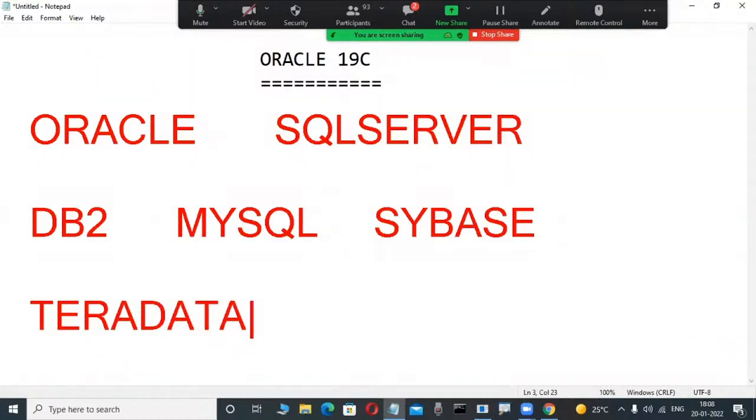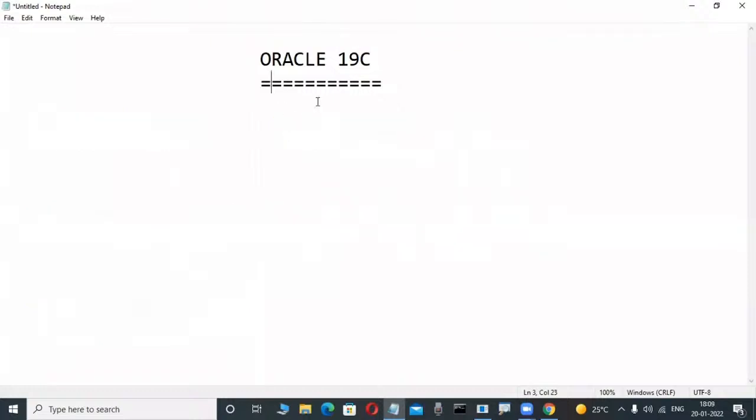Teradata is a database product from NCR Corporation. SQLite is a database product. Like this, so many database products are there from different companies. That's why Oracle is always one of the popular database products.